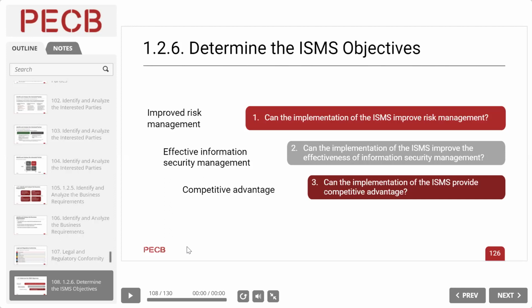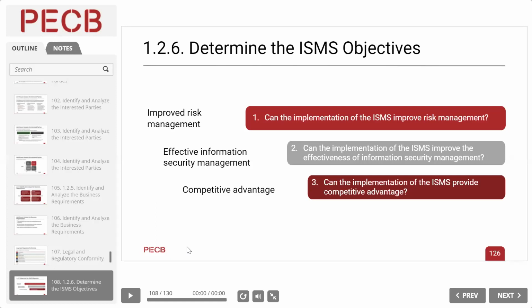These must be documented, put as part of the context document, and the whole ISMS is measured against it. So the auditor, when coming for your surveillance audits, these are some of the things that they look at. So you said you want to gain competitive edge.